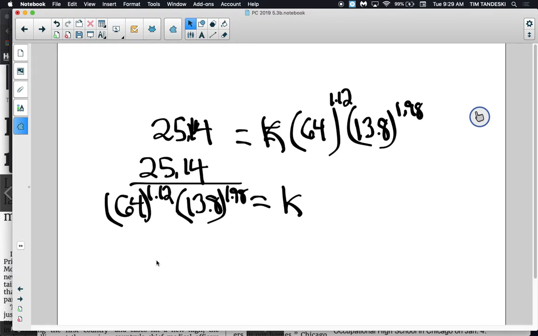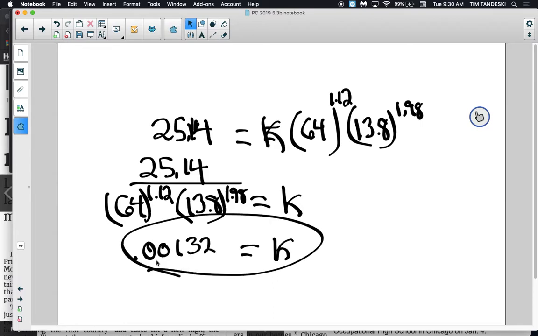To find that value of k, I'm going to have to do it on my calculator. 25.14 divided by, I'm going to use parentheses, 64 raised to the 1.12 power times 13.8 raised to the 1.98 power. I hit enter and I get k is equal to 0.00132. So that's my constant of variation.